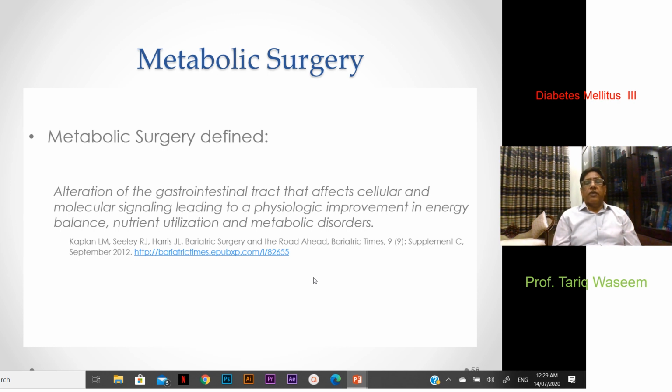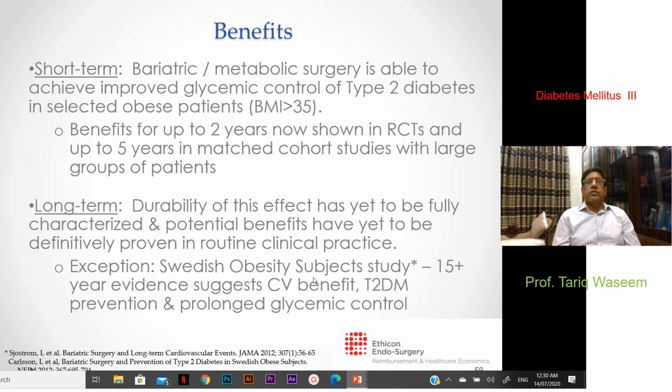So if we can achieve weight control through metabolic surgery, or through gastric surgical procedures where you shorten the gut and reduce the absorptive surface, you can achieve better glycemic control and better weight control as well.